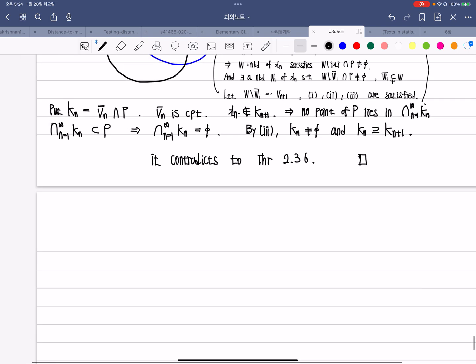By this corollary, we can say any closed interval is uncountable. Thus, in particular, the set of all real numbers is uncountable.